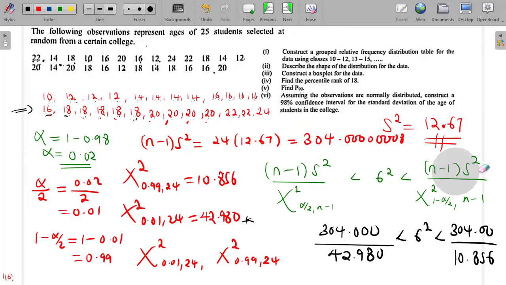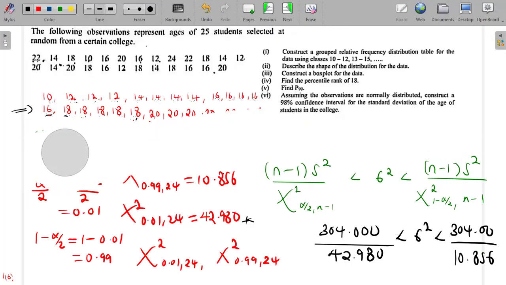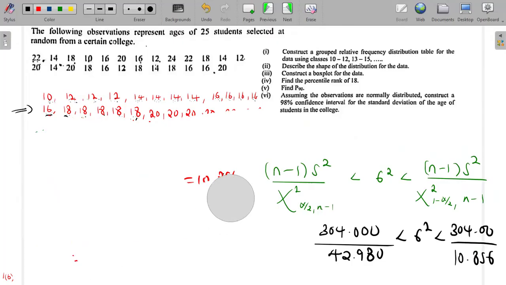So we can divide those now to find our confidence interval, first of all for the variance, and then we'll square root to find the confidence interval for the standard deviation. So just punch this onto the calculator and see what you are going to get.